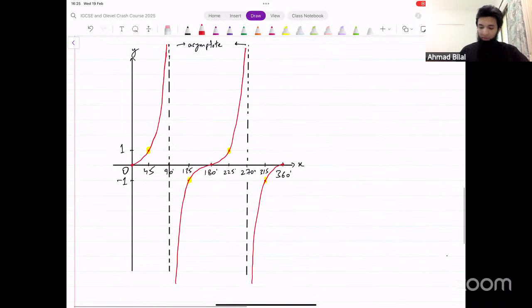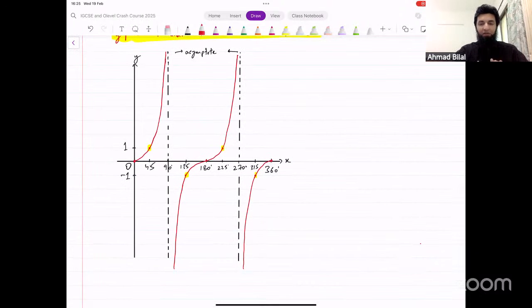And then in the middle part from 90 to 270, this is the shape that we get. And then on the right side, we have this shape. Beyond this interval, in this case as well, the graph continues with the same pattern. So on the left side, for instance, to the left of 0, the graph would look like this. And on the right side, to the right of 360, the graph would look like this.